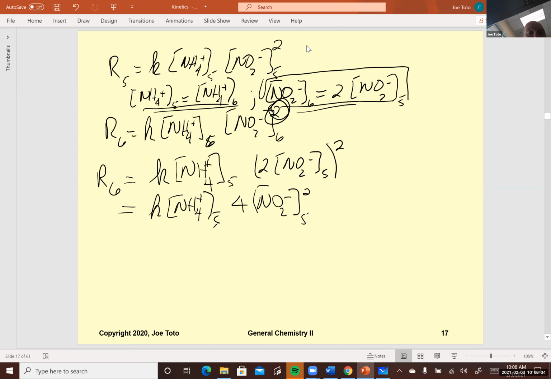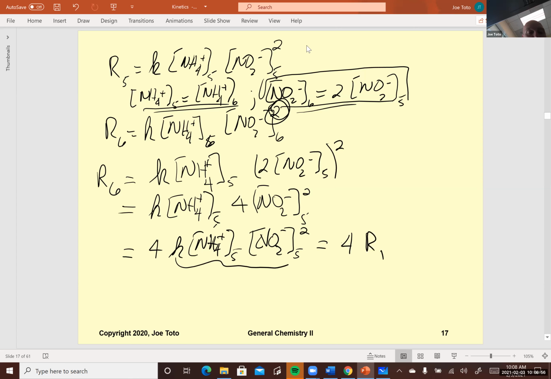So now I think you can see that 4 comes out. K ammonium nitrite squared, which equals 4 times R5.